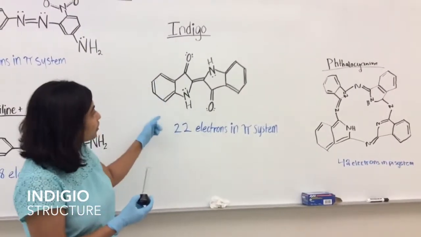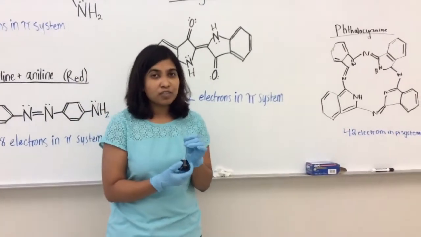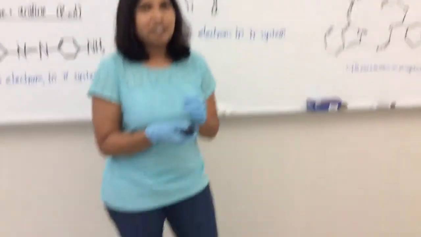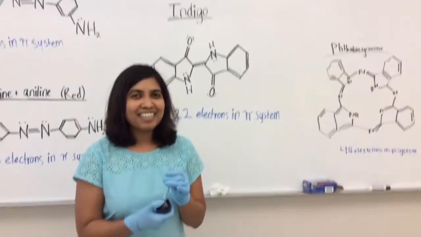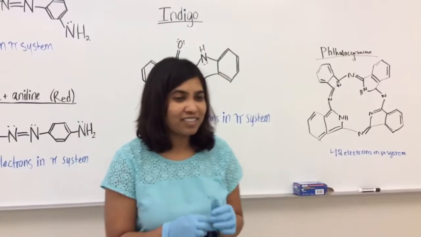Here's the structure for it. There are 22 electrons in the pi system. This dye is normally used for clothes, like your blue jeans, and what else? The royals used it for a lot of their clothing as well.